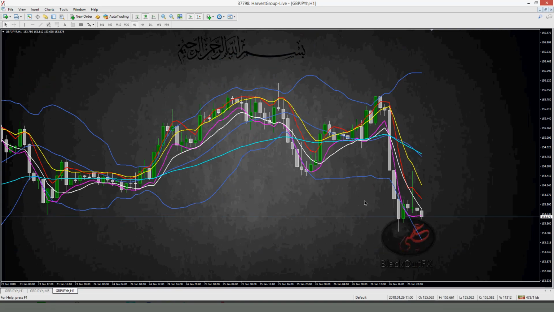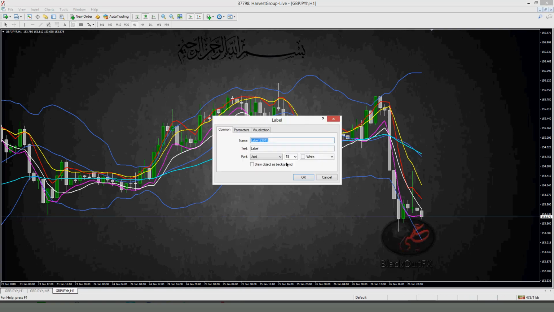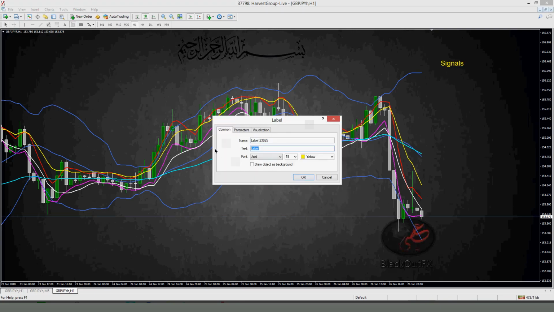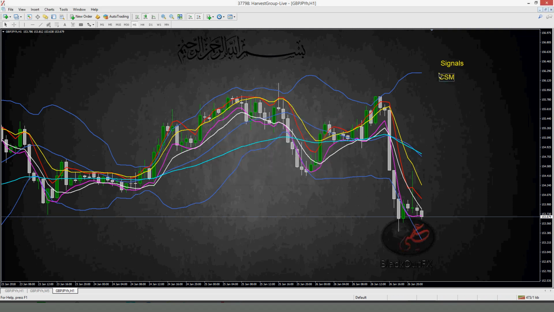Okay, let's continue with signals and setup. So in BBMA, there are 4 signals. Let me just write it down over here. The first signal I already explained to you earlier on, candlestick momentum.